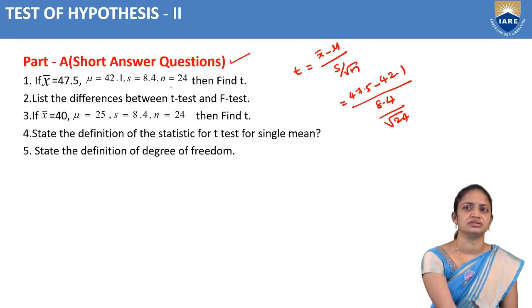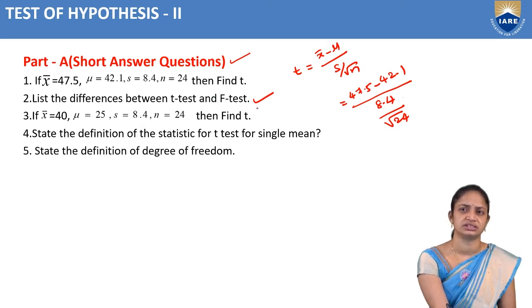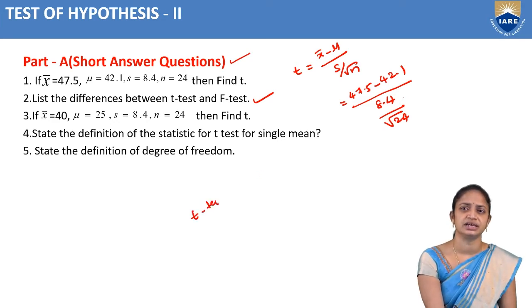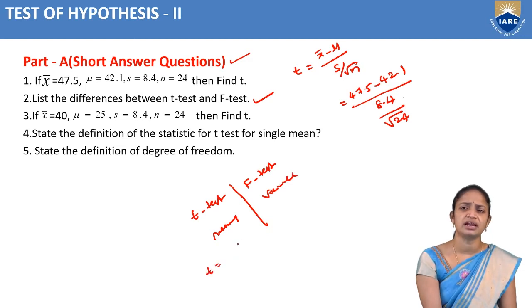Coming to the next question: list the difference between t-test and f-test. t-test is based on means, and f-test is based on variances. In t-test we have single mean and difference of means, but for variances we have only one method.